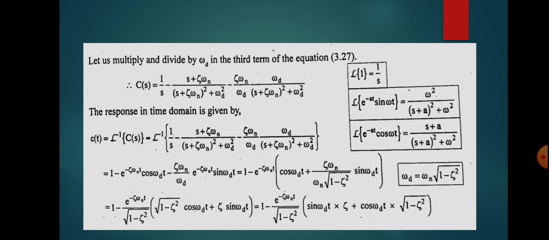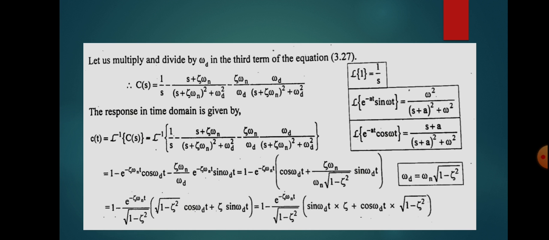So it is in the form of a divided by s² + a², so it will give rise to the term sin ωd t. But here the s is shifted, so you should represent the shift as e raised to minus δωn t. So you got the solution C(t), and you can rearrange some terms.